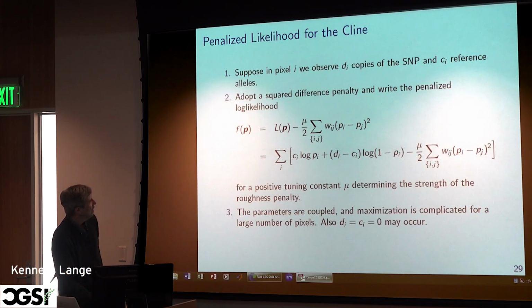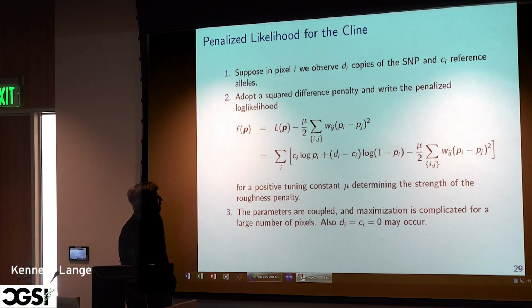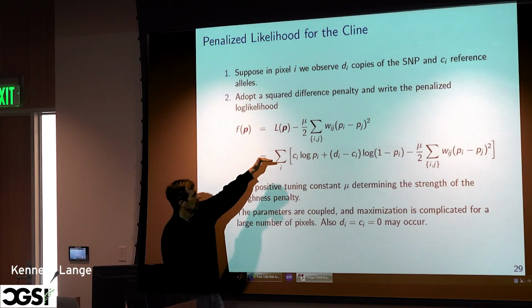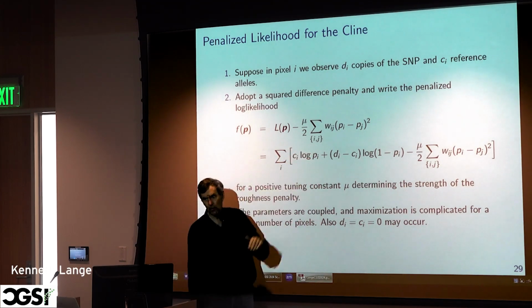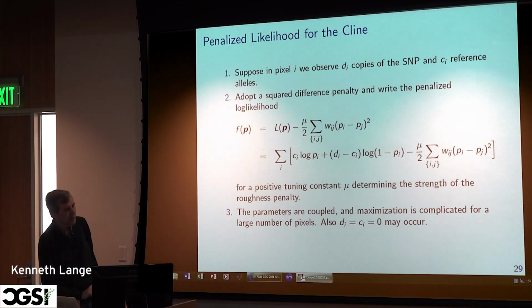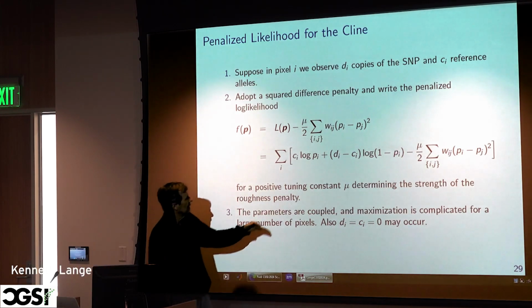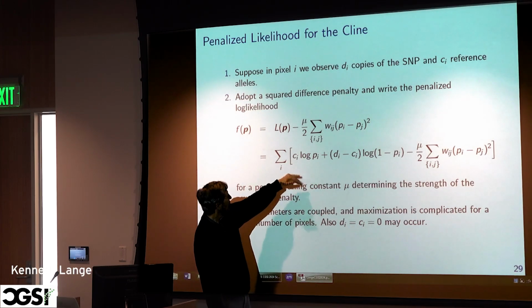Okay, so what we do is we take the likelihood and we penalize it by something that introduces smoothing. So what it's saying is, if i and j are neighboring pixels, using the weight for those neighboring pixels, we introduce a penalty which depends on the difference squared of the allele frequency assigned to the pixels. So in pixel i, we observe c_i reference alleles.